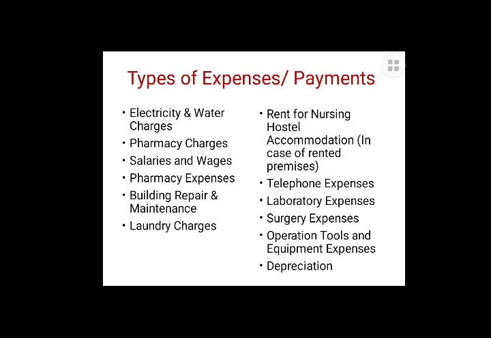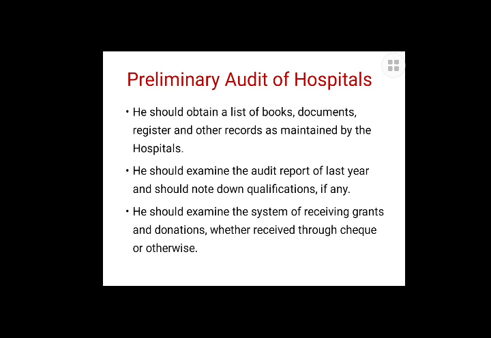These are some of the expenditure or payment items. The hospital has to pay much more on cleanliness and surgical equipment and its depreciation, and these are some of the major items of expenditure.